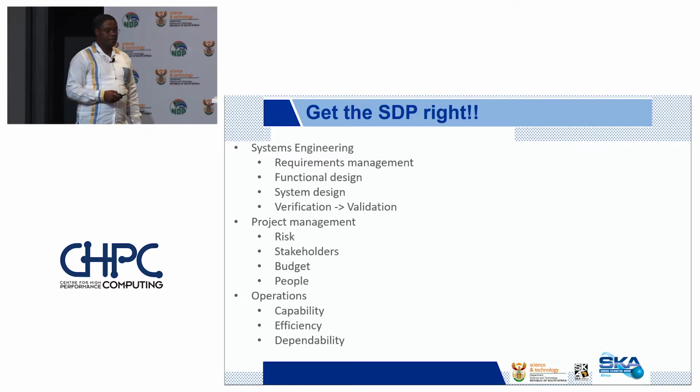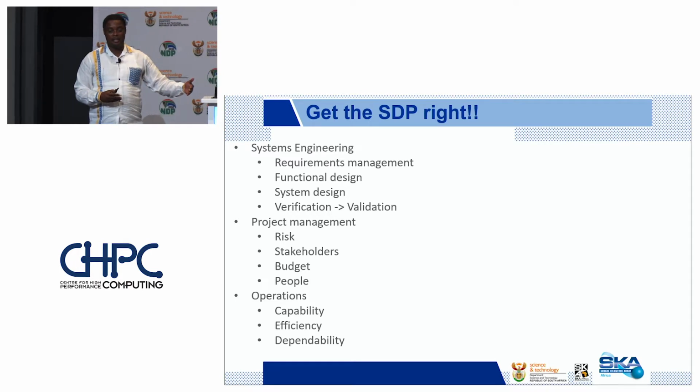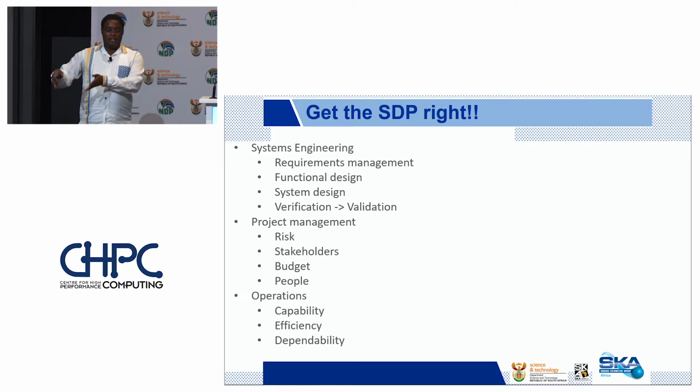So how do we do that? We rely heavily on systems engineering. Out of that, it's about how we manage our requirements. Management goes from acquisition of these requirements, prioritization of these requirements, and turning those into potential work.